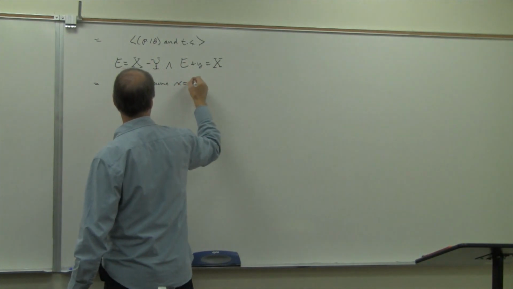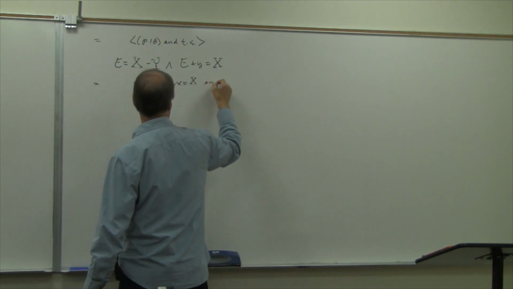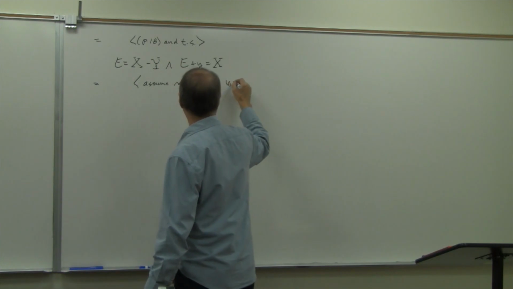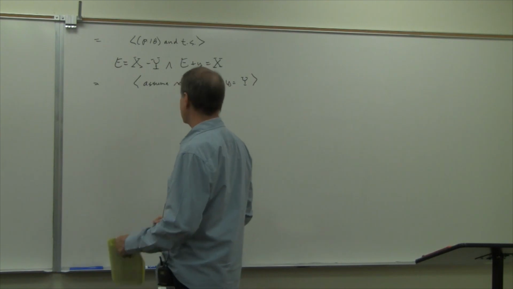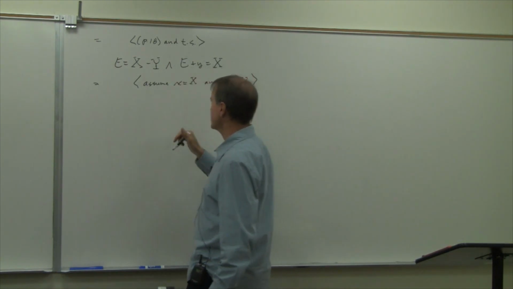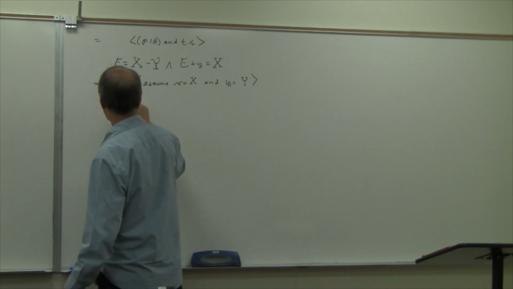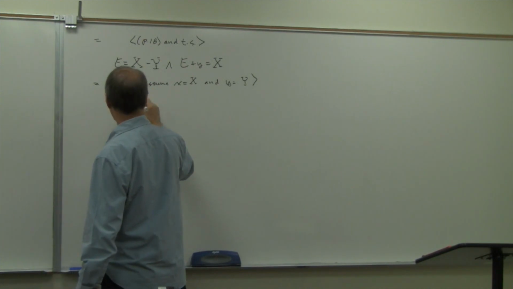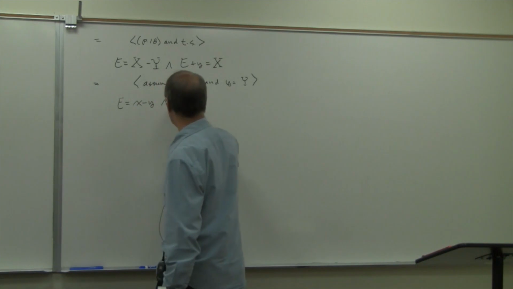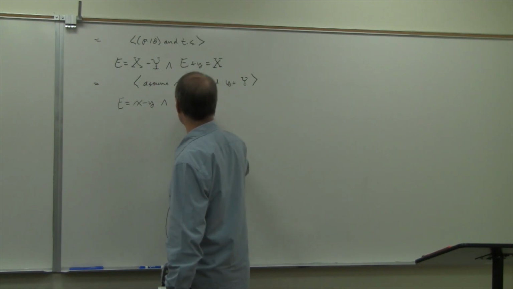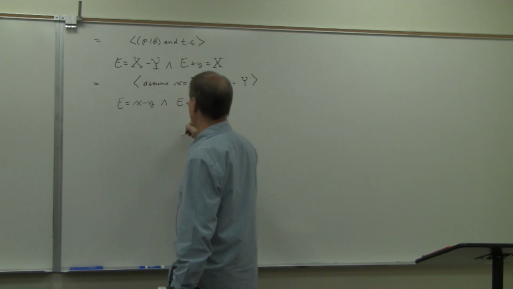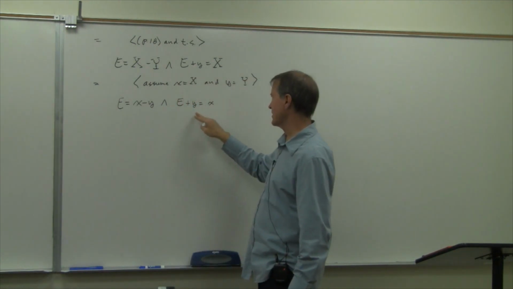X equals rigid X, and Y equals rigid Y. Just insert them. So what is this going to be? E equals X minus Y, and E plus Y equals X. But E plus Y equals X is the same thing as E equals X minus Y.